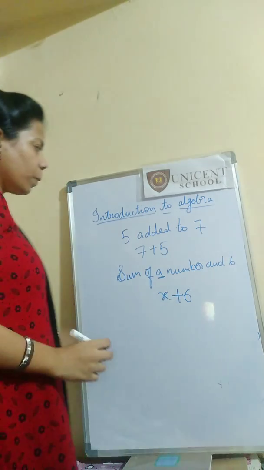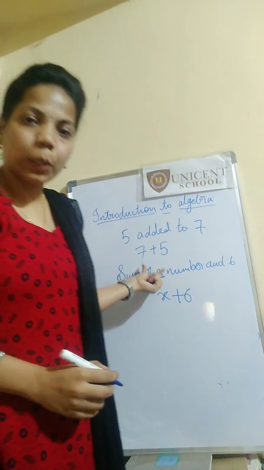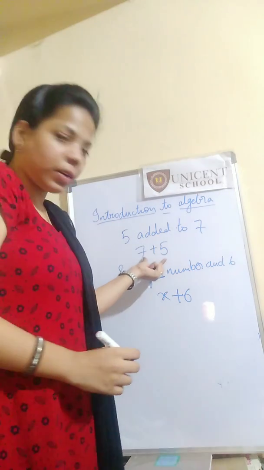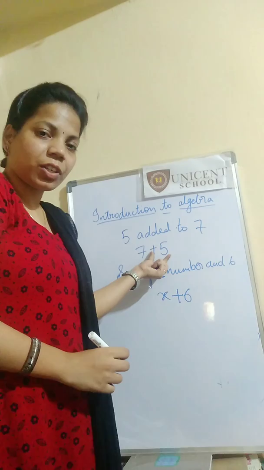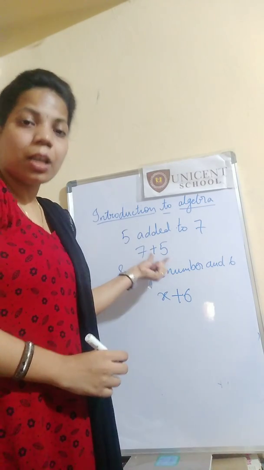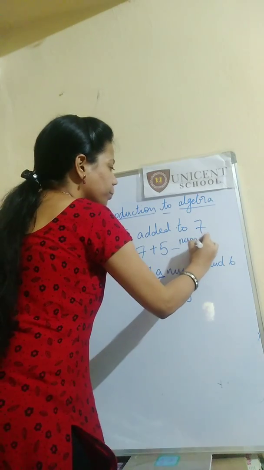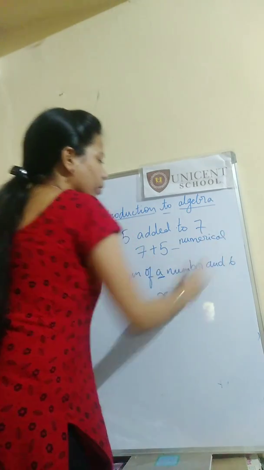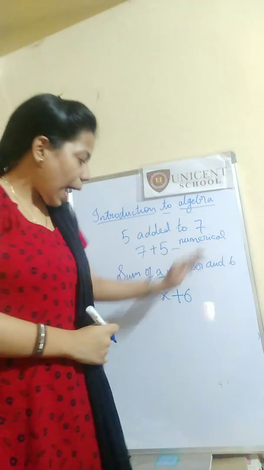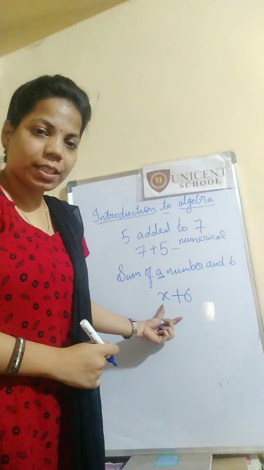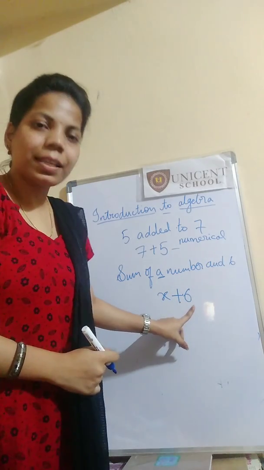Right? So, as this expression includes only numbers. Okay, this expression is having only numbers, right? So, this type of expression is called numerical expression. And this expression is having a variable as well as a constant.